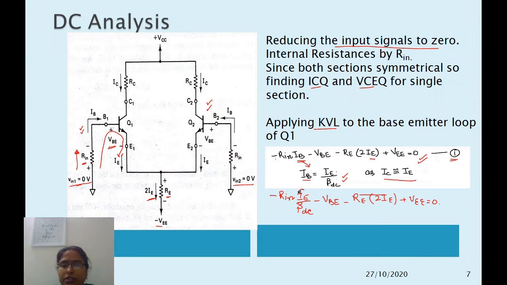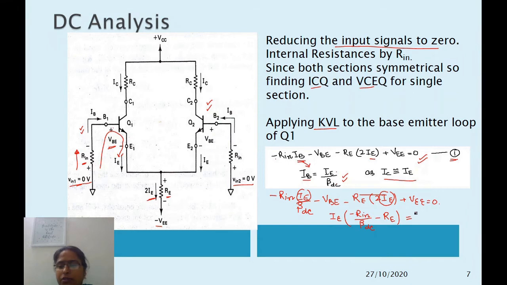So taking this IE common, what we will get? We will get IE common, minus Rin upon beta DC, minus 2RE.